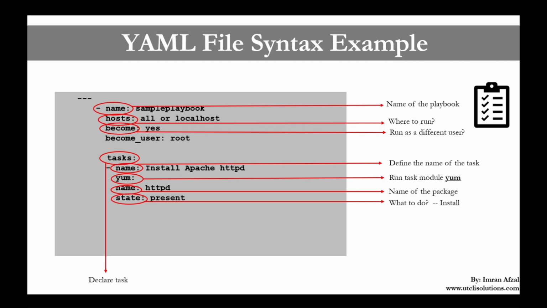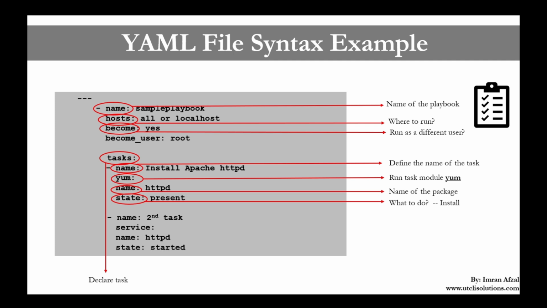Beautiful. Now, do you want to do anything with this package once that package is installed? Then yes, I want you to do the task within that main tasks, of course. And this is the second task name. And in the second task, I want you to use the module called service. And then the name of that service is HTTPD.